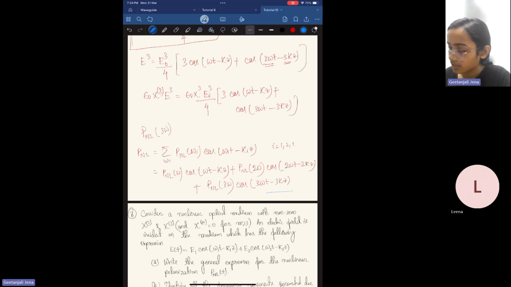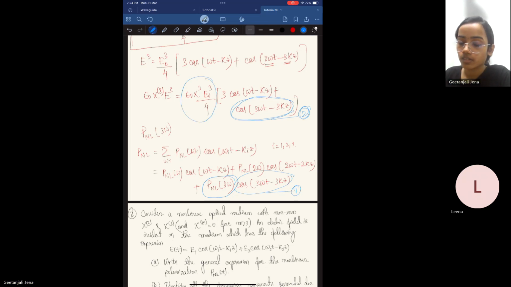So if you compare this expression with this term, if you compare 1 and 2, we want to find P_NL(3 omega). That means this is the coefficient of cos(3 omega t minus 3 kz), which we have already calculated here. So the coefficient of this term is nothing but this, right?